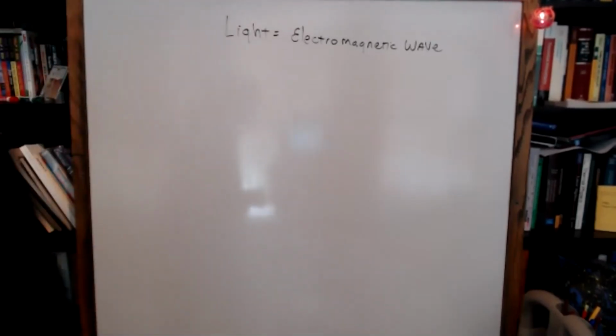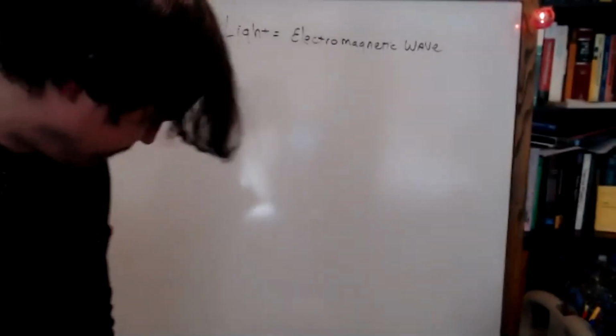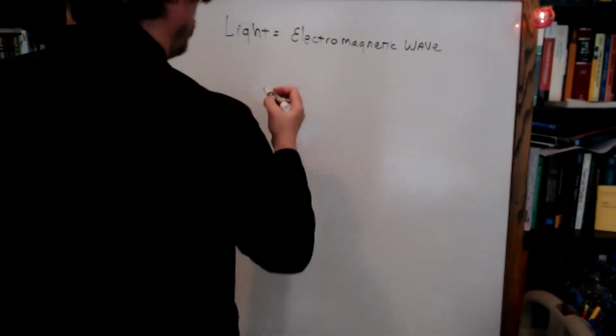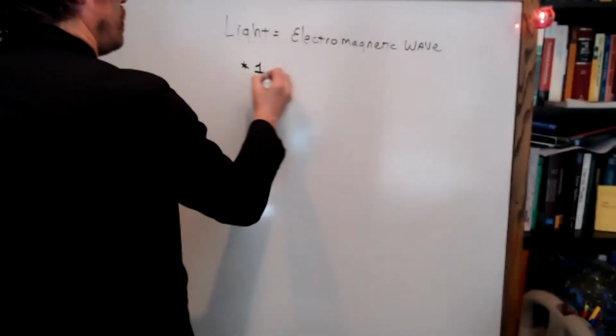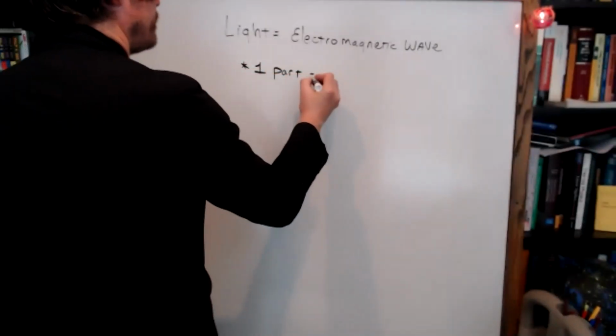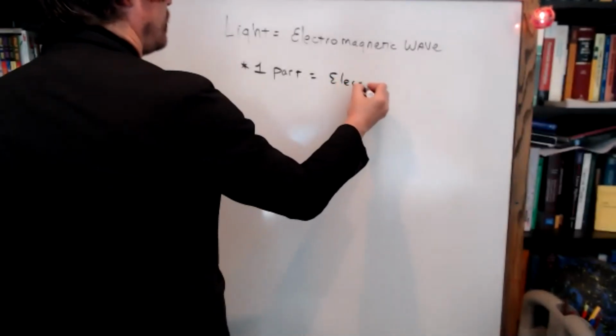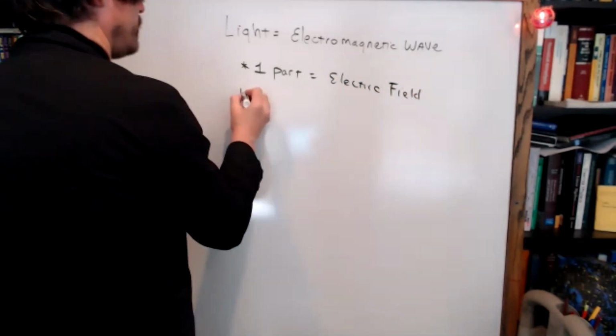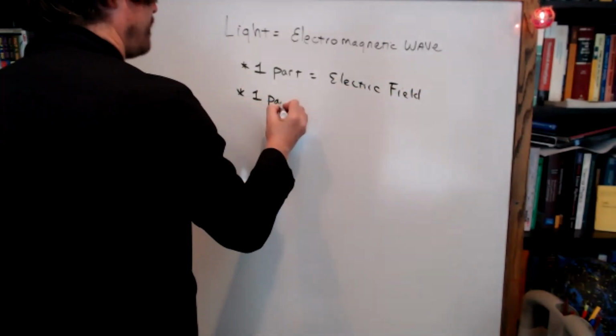I'm going to try to bust out a new marker. This one's leaving much to be desired. So it has 1 part electric field and 1 part magnetic field.